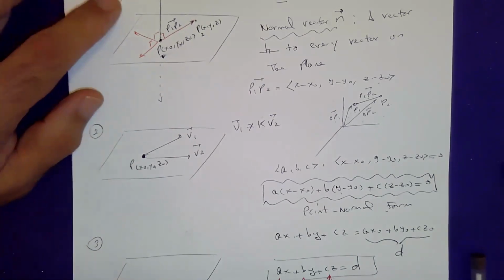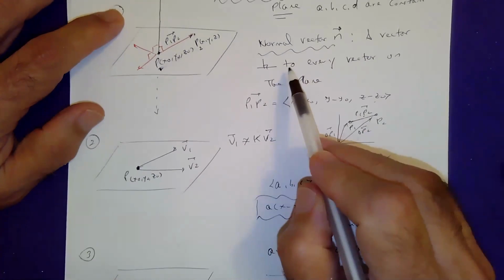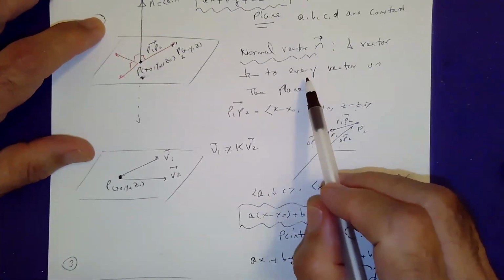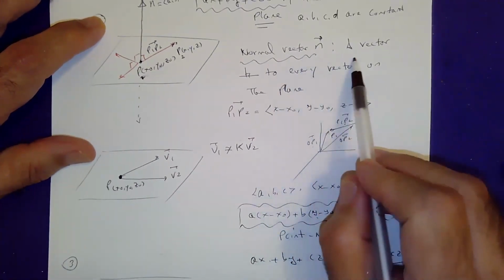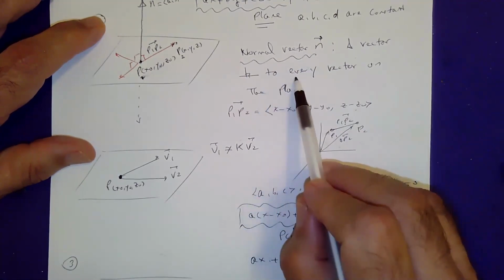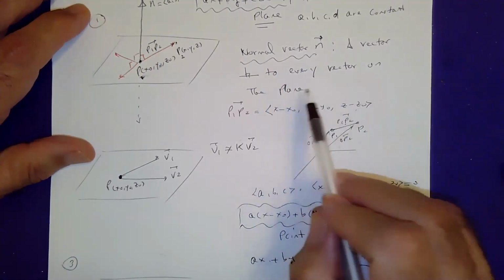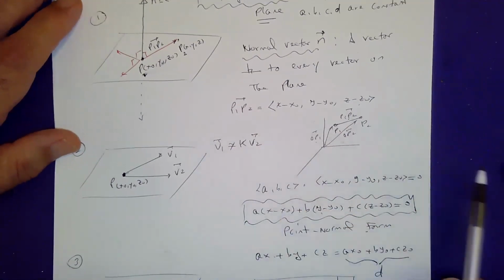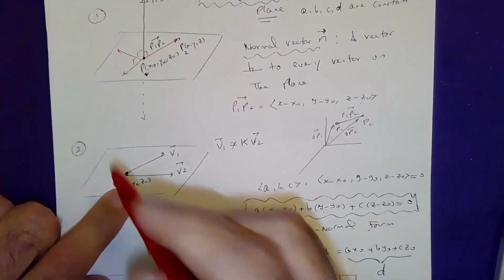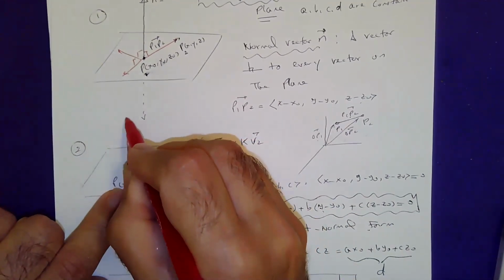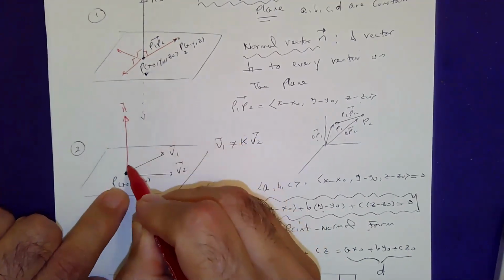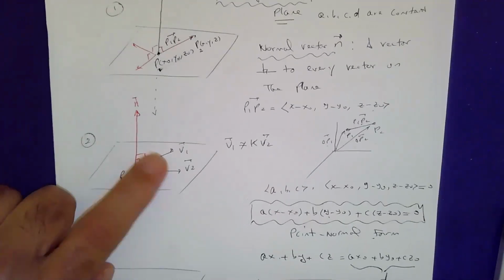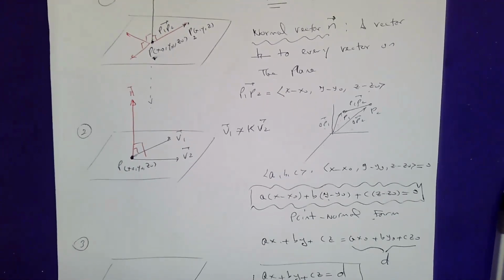Excellent. We just went over this and the definition is still on the screen. A normal vector is a vector which is perpendicular to every vector on the plane. In this case, to find a normal vector, as the gentleman mentioned, we take the cross product of these vectors.